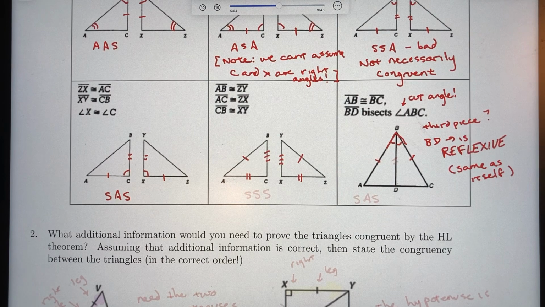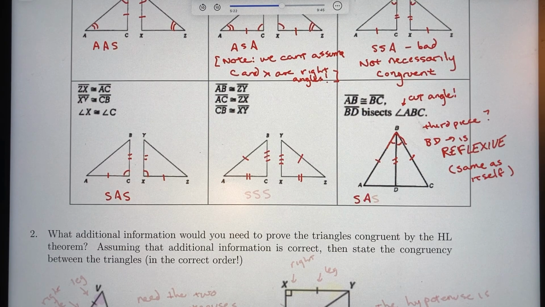In a little bit, we'll be giving reasons for individual pieces. And if I say BD is congruent to BD, the reason would be because it's reflexive. So what is this one? Oh, this one is SAS, the angle's in between the sides.